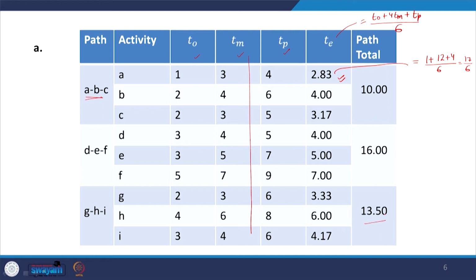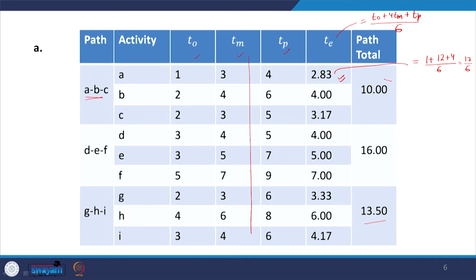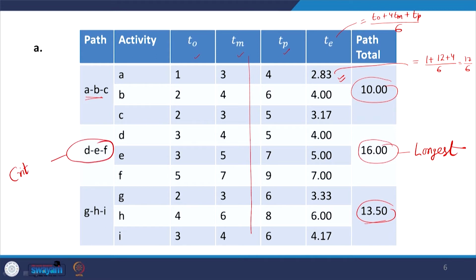Now, out of these three, the longest expected duration is the critical path. So, if you compare 10, 16 and 13.50, this is longest. Therefore, DEF is your critical path.